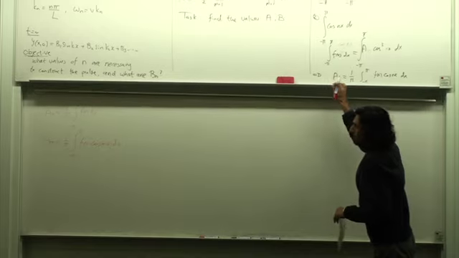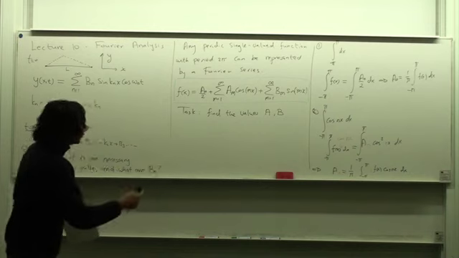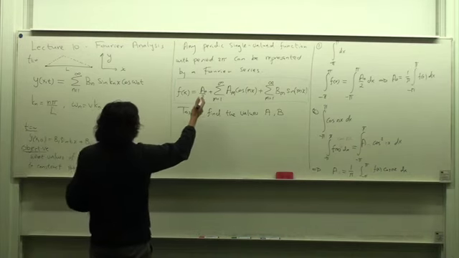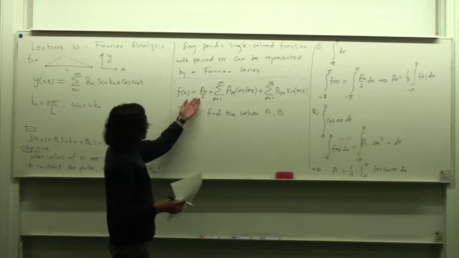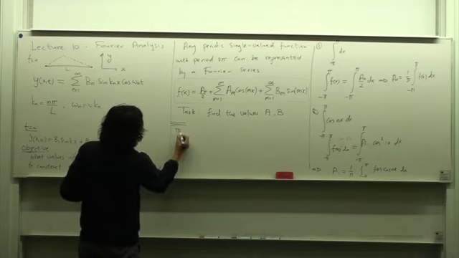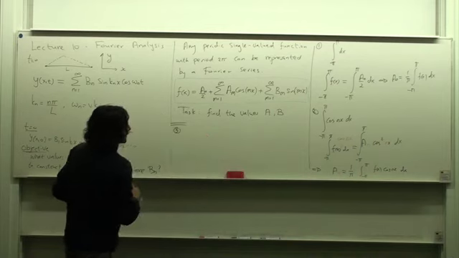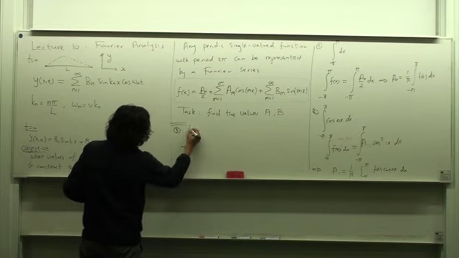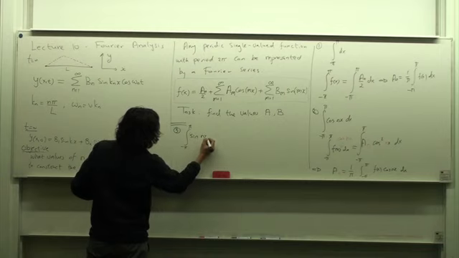Similarly, now we go to step number 3. Now we multiply the right and left sides here by a sine nx. Let me write this down first. So step number 3, we integrate from minus pi to pi both sides, and we multiply by sine nx.